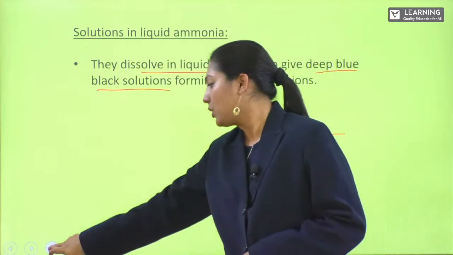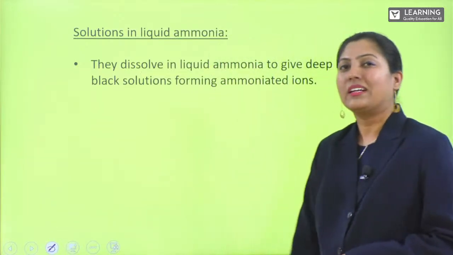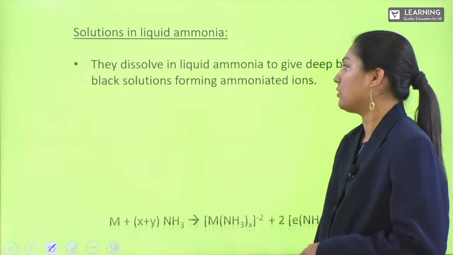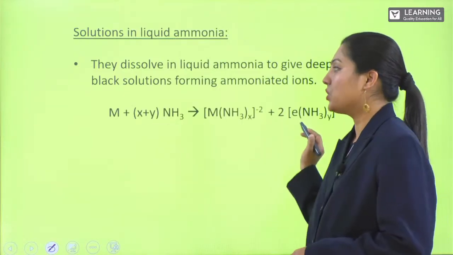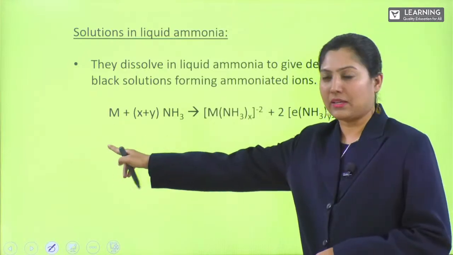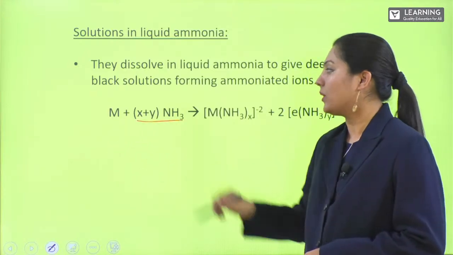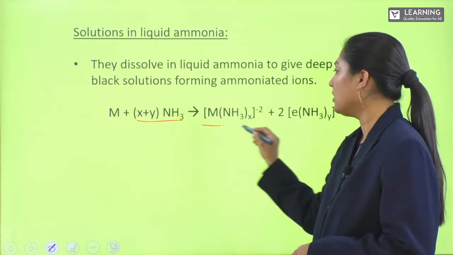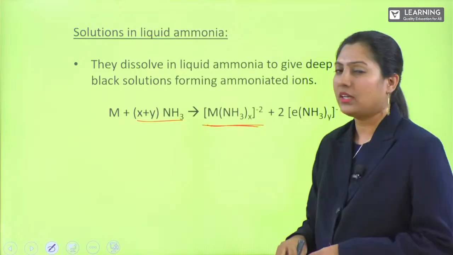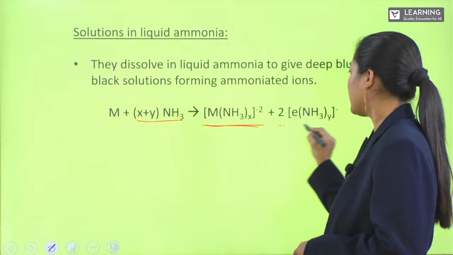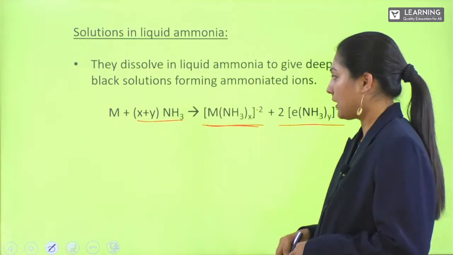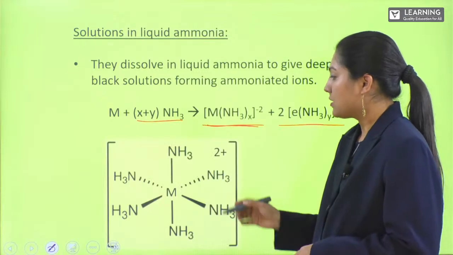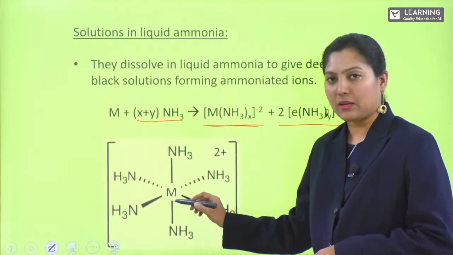That forms the complex which gives you the deep blue-black solution forming ammoniated ions. So you can see the general formula here. M is a metal which reacts with ammonia to give you the compound. It is a coordinate complex where you get the electron combined with this complex, again ammonia. So you can see this is how it can be formed.